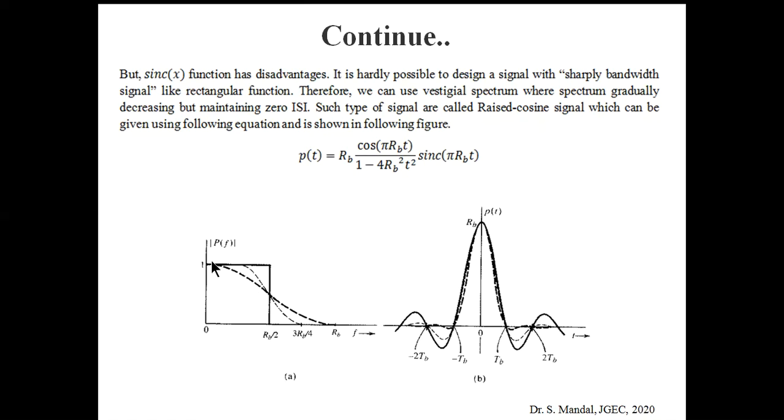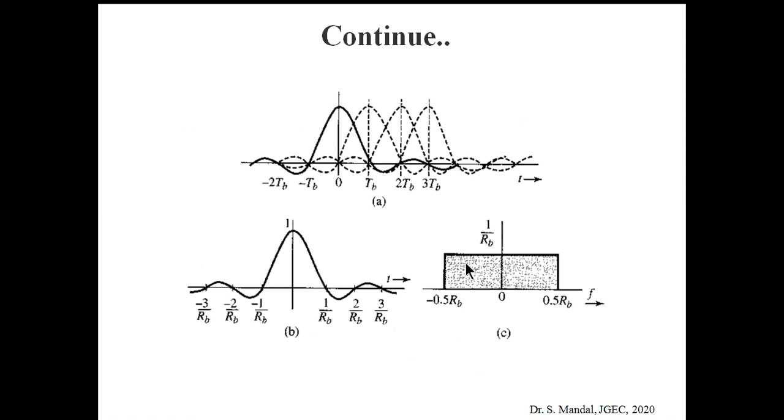Now the problem is that the corresponding Fourier transform is a rectangular pulse in the frequency domain, and in real life such a sharply decreasing transfer function is very difficult to achieve.